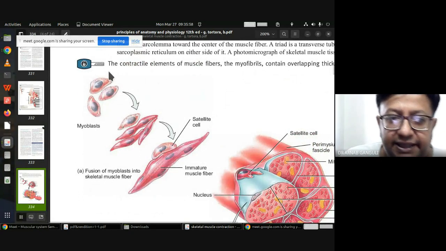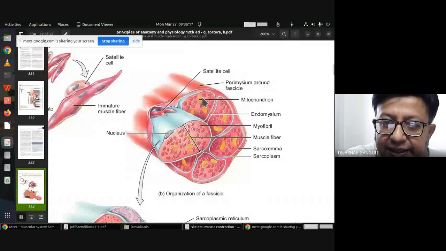Myoblast cell. And inside you have fascicles. These are fascicles. The nucleus of the fascicle is over here. These are the muscle fibers which are coming out from here.